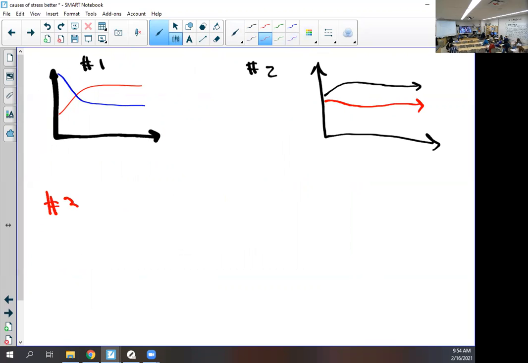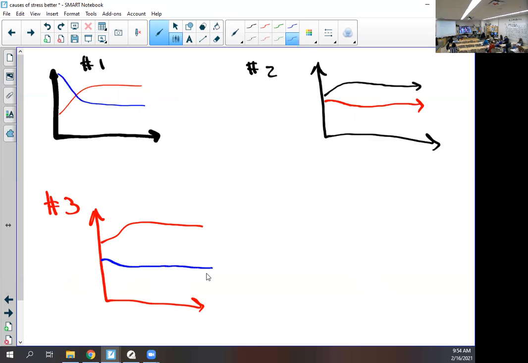And number 3 should be the same pretty much. Something like that. Now, a lot of you, your graphs don't have a curve at the start because you started already at equilibrium. So if your graph looks just like this, I mean, it's boring, but it's acceptable.